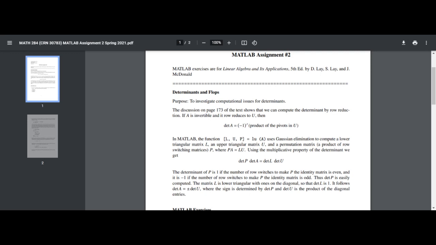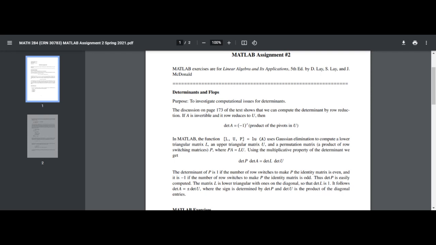So we learned that computing a determinant by cofactor expansion is very difficult. It's very time consuming, and so in order to compute determinants quickly, we have to use the properties of determinants to help compute the determinants of matrices.